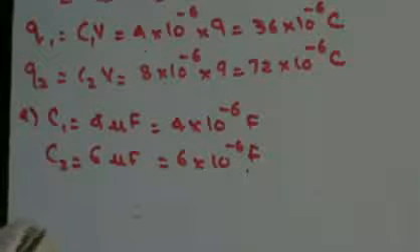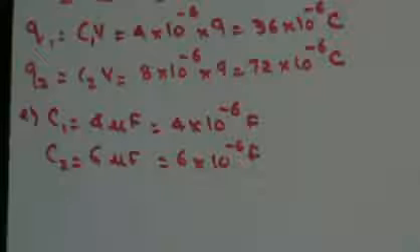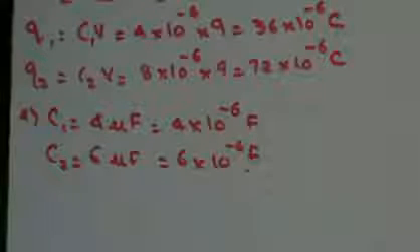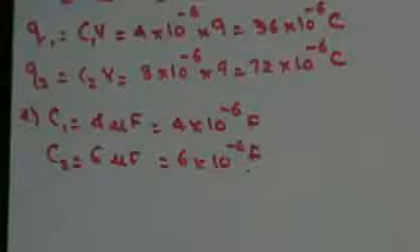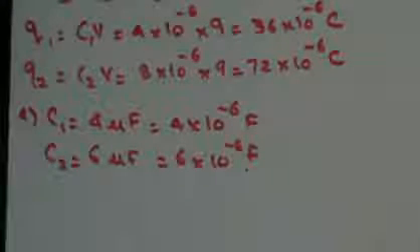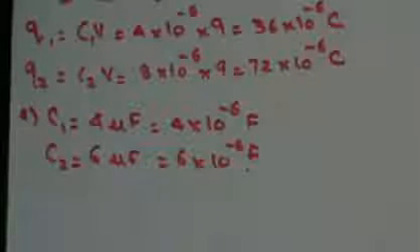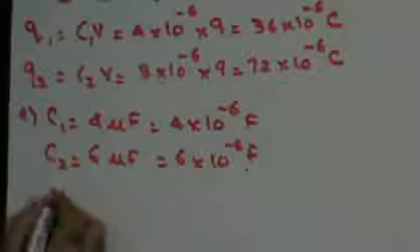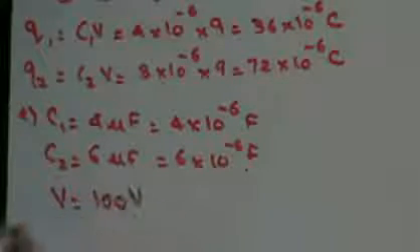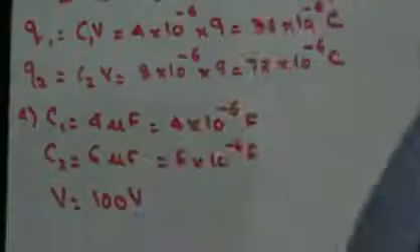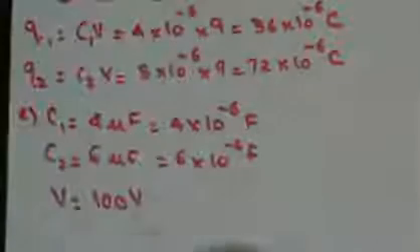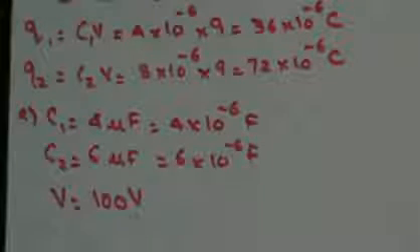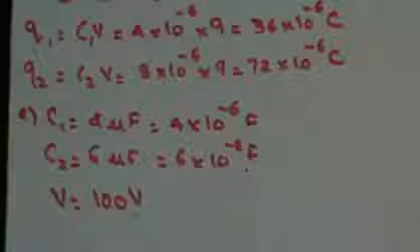Find the equivalent capacitance of the combination. If a potential difference of 100 volts is applied across the combination, what is the potential difference across each capacitor?